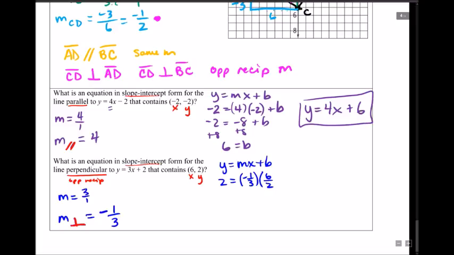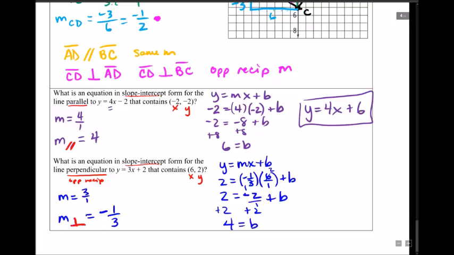First rule of fractions, everybody has to be a fraction, so we might as well just put him over 1 there, plus our given b. So 2 equals, these are going to cancel, get a 1 there and a 2 there, a -2/1, right, plus b. That's just a -2, so I add 2 to both sides, and b equals 4.